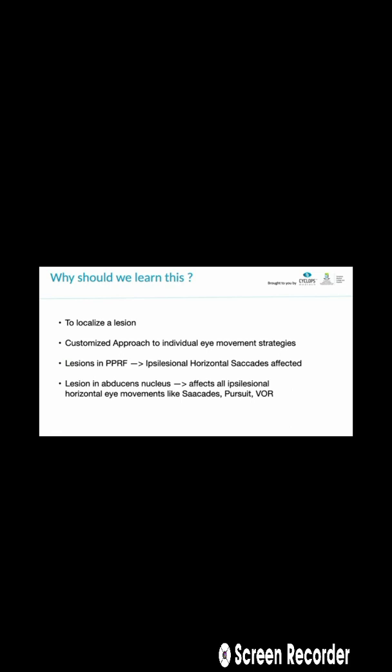Like, for example, the lesions in the parapontine reticular formation result in ipsilesional horizontal saccade loss. Don't worry about this. We are going to dwell in detail on these topics.